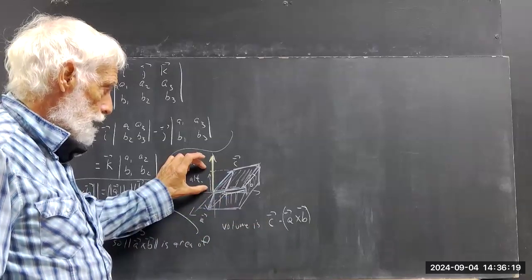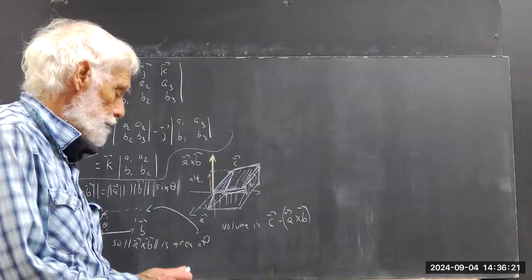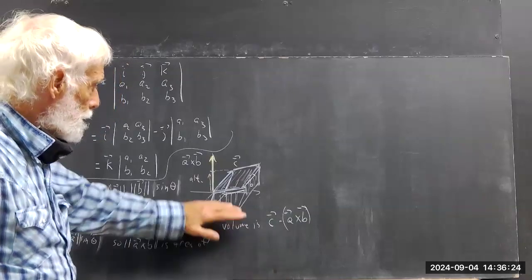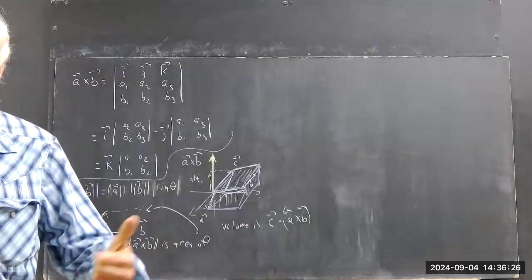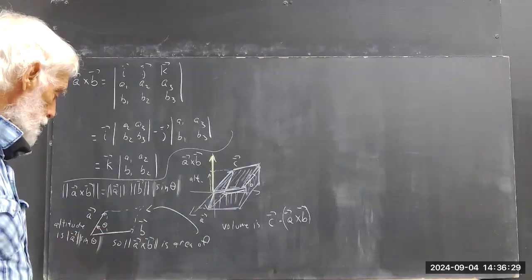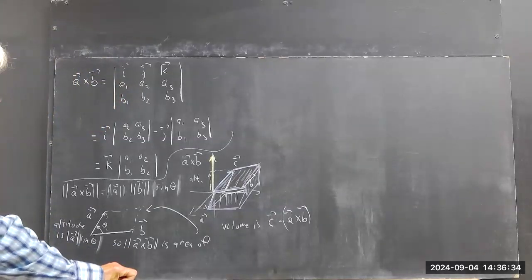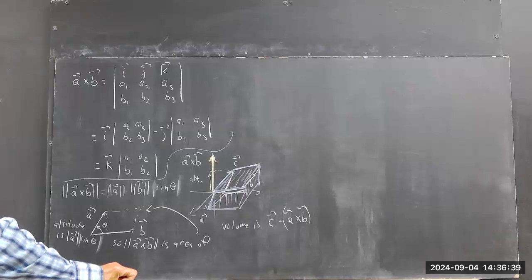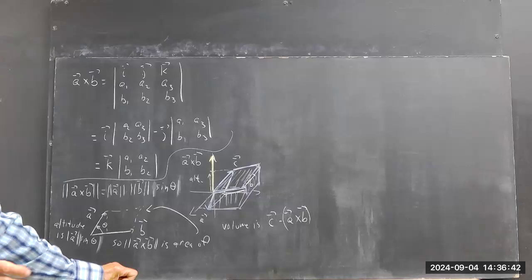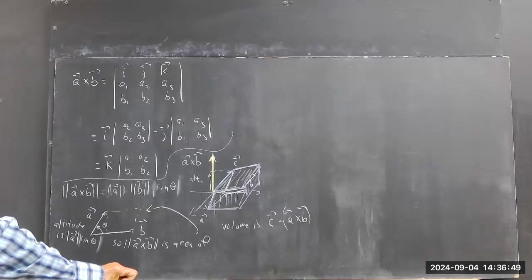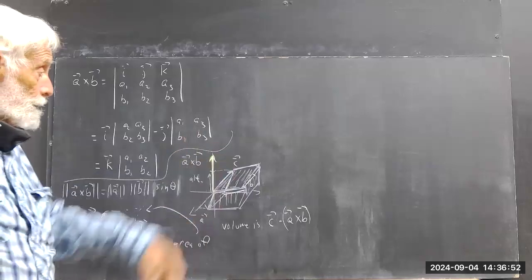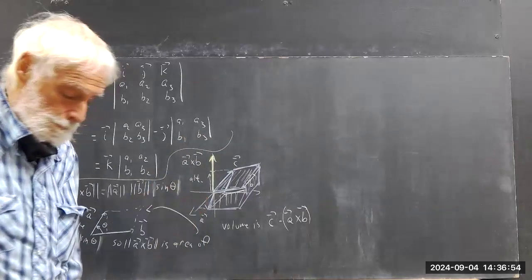C cosine of theta is the altitude, times the magnitude of A cross B, giving you the area of the base times the altitude, which is how you should have learned to understand the volume of a three-dimensional figure. Now, it's a three-dimensional figure with parallel sides, though not really parallel like that. Okay, I guess maybe it is. Anyhow, there we have it. Yeah, that's kind of neat, kind of good to know.